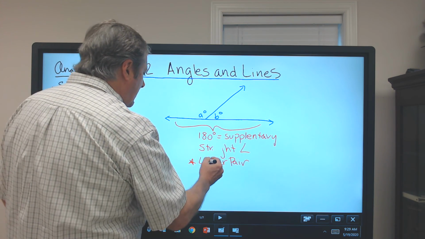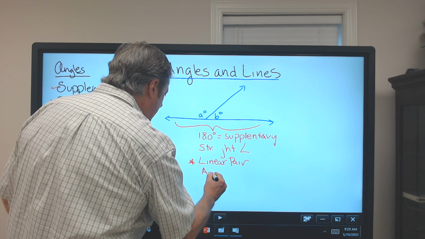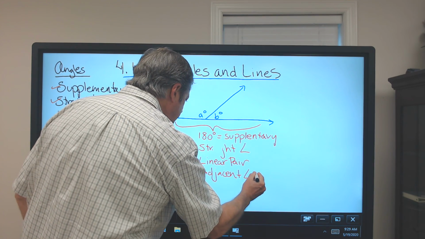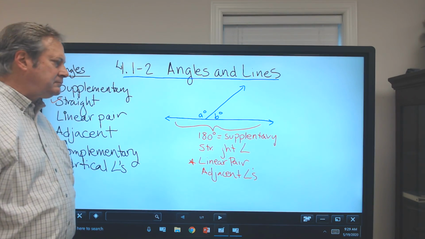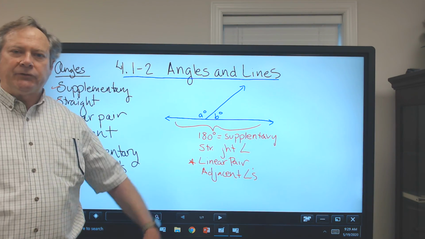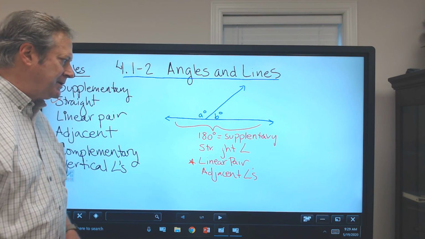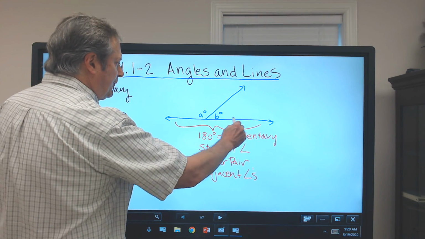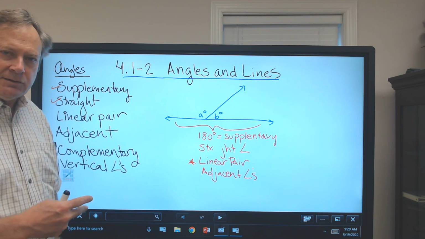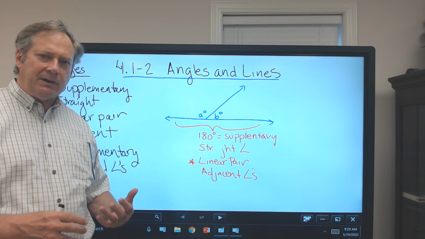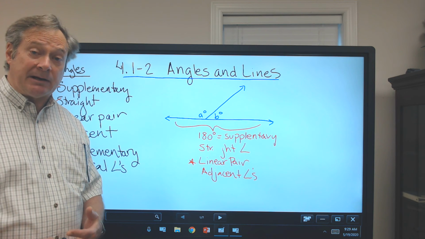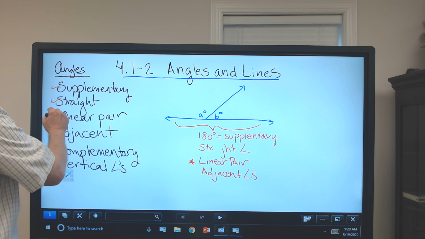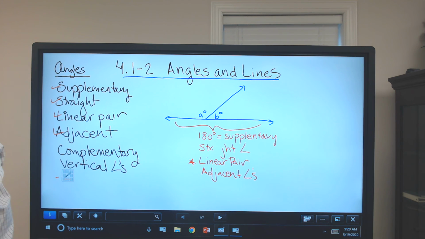And because they are adjacent, we also call those adjacent angles. So just in this little setup, there's a lot of information. What I'd like you to think in terms of is the fact that that's a straight angle, and you've got two angles combined to make it that way, so that means it's a linear pair, and they always equal 180 degrees. So we've done linear pair, we've done adjacent.